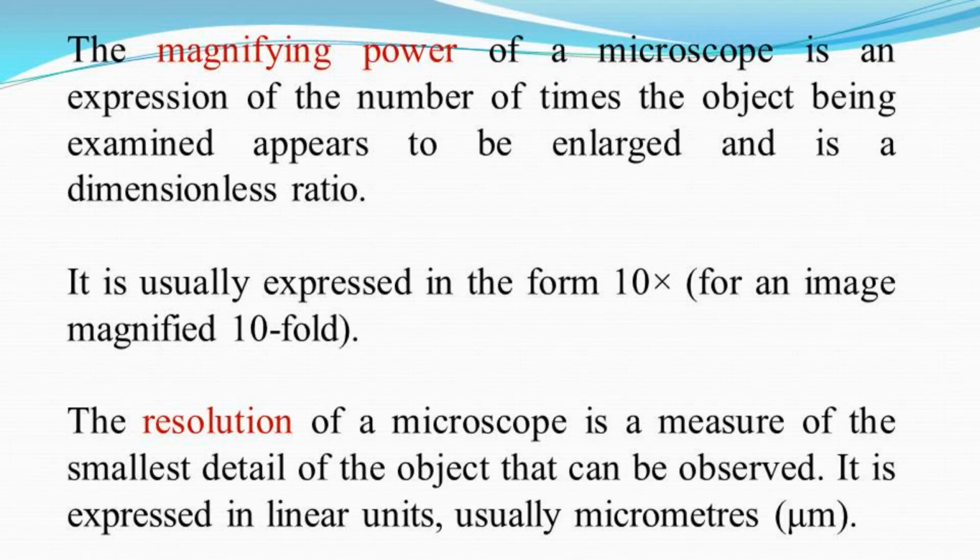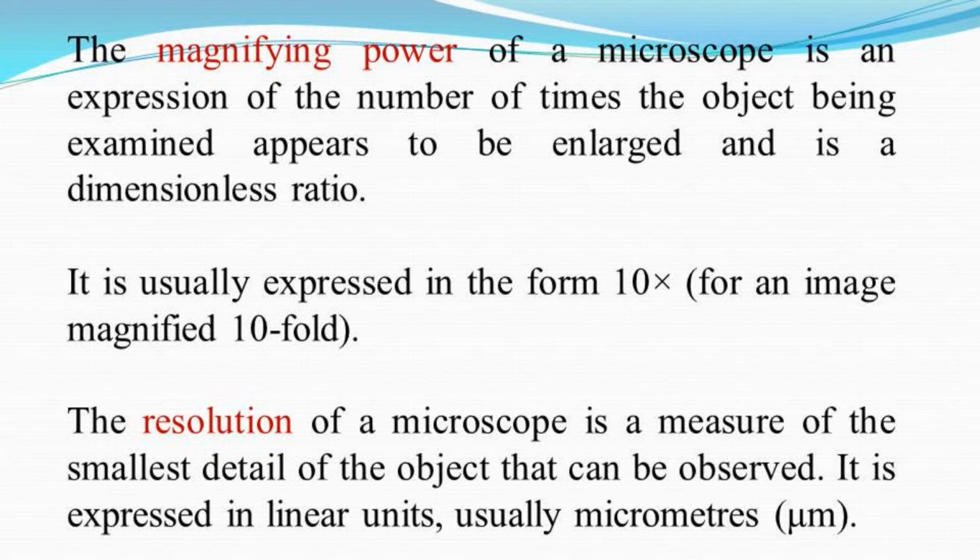The magnifying power of a microscope can be defined as an expression of the number of times the object being examined appears to be enlarged, and is a dimensionless ratio. It is usually expressed in the form 10x, which means an image magnified tenfold.